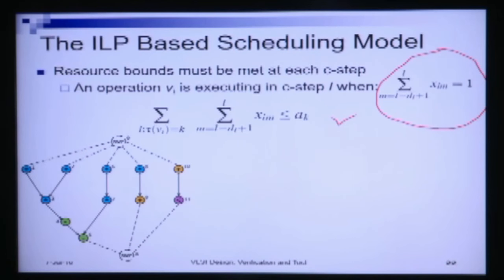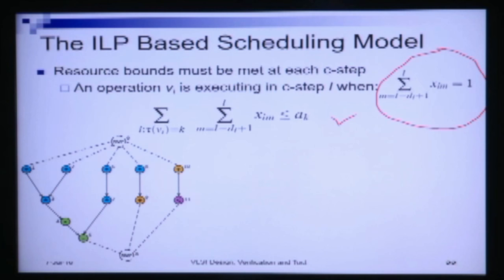If it has started at most this many time steps earlier, then it is also currently executing. Given this, we obtain the constraint as given below.